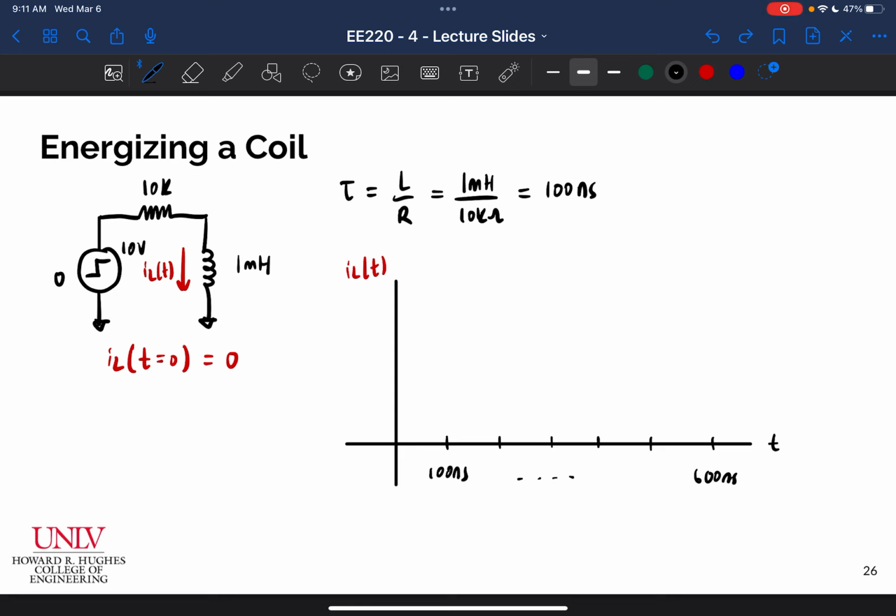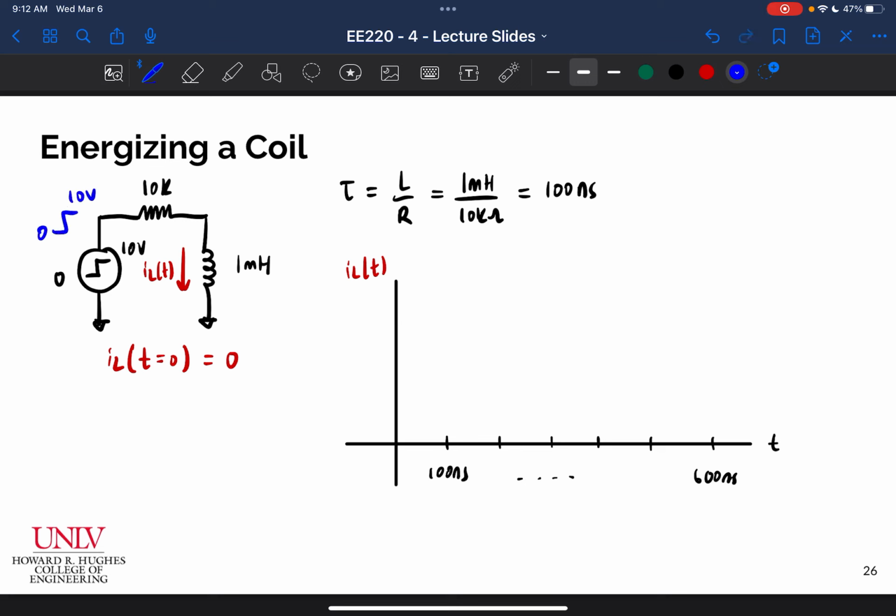Of course, that makes sense because at DC my inductor is a short, so I would have 0 volts here and 0 volts here. And so I would obviously have no current flowing through my resistor, which means no current flowing through my inductor. But what happens when I pulse this source from 0 to 10, so that sometime later my voltage goes up to 10 volts?